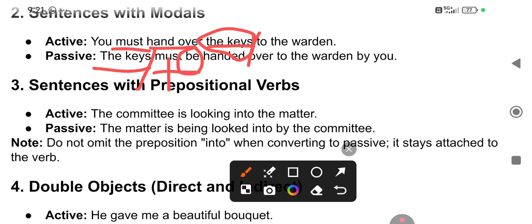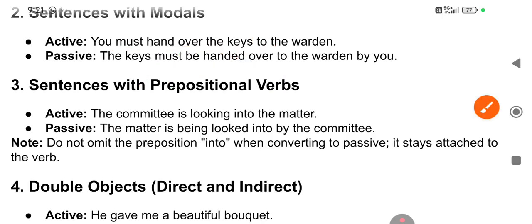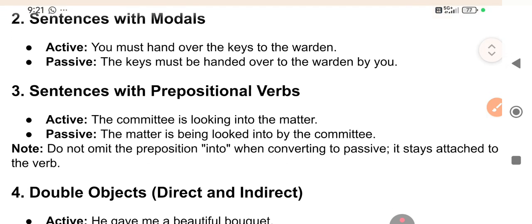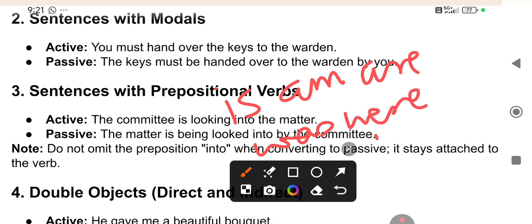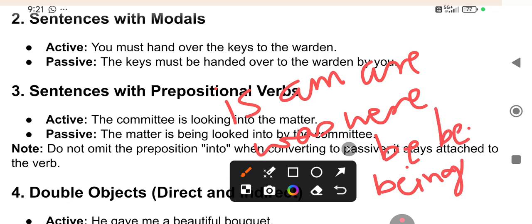And the third form of the verb, that is fine. Two rules are very important again: for every passivization you have to insert a helping verb. And what are the helping verbs? Is, am, are, was, were, be, being, or been.